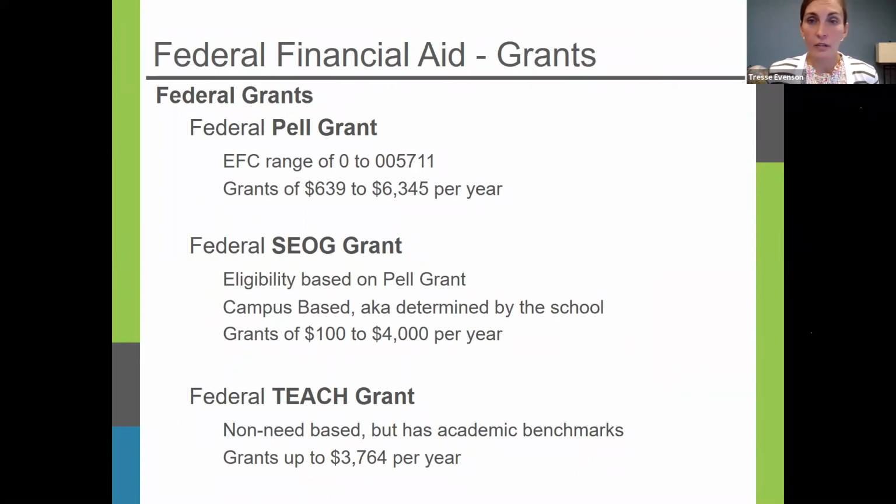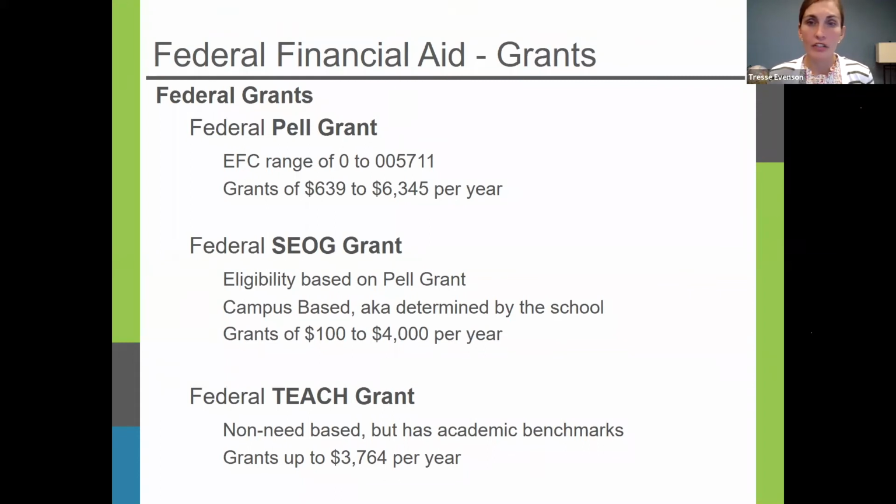SEOG grants are awarded to Pell Grant eligible students, but they're what we call a campus-based program, and so there's only so many funds at each school in the SEOG program. So schools will determine how they offer SEOG, how much to who.